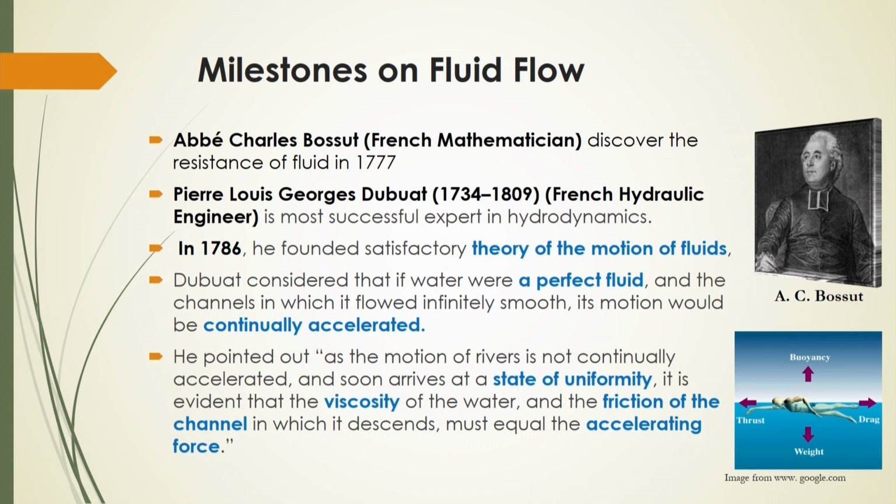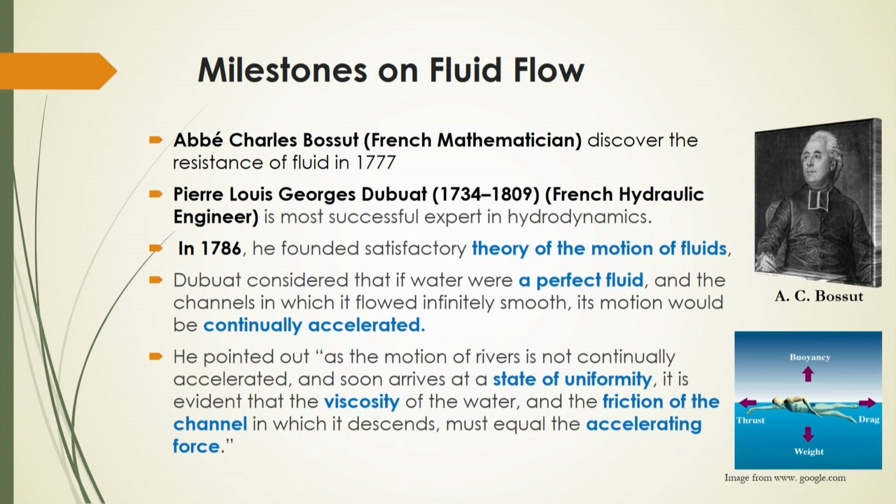After that, more than 30 years later, in 1777, A.C. Bossut discovered the resistance of the fluid, and in 1786 Dubuat, one of the most successful experts in hydrodynamics, founded a satisfactory theory of the motion of fluids.